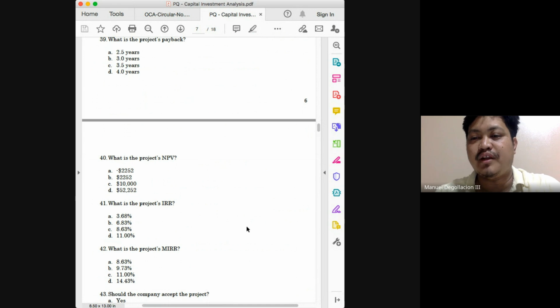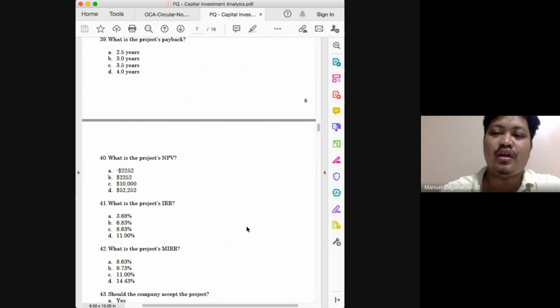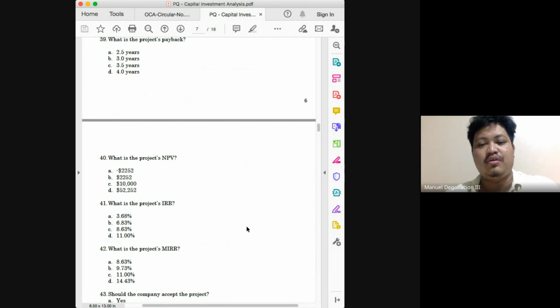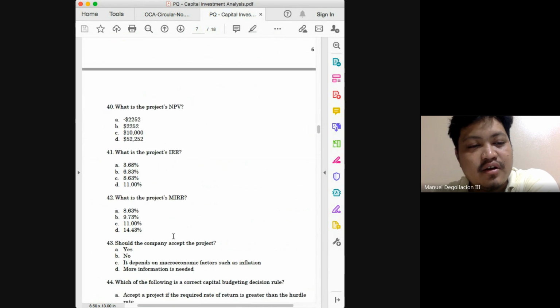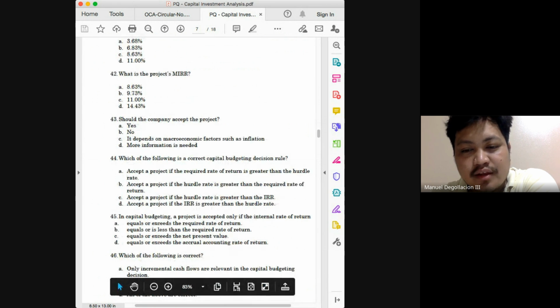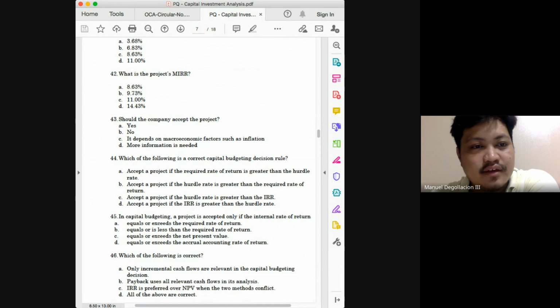You will now look for the interest rate that would make the present value of the year 10 cash flow equal to your year 0 cash outflow. And that would give you your MIRR. And for those interested, the answer here for number 42 would be 9.73%.